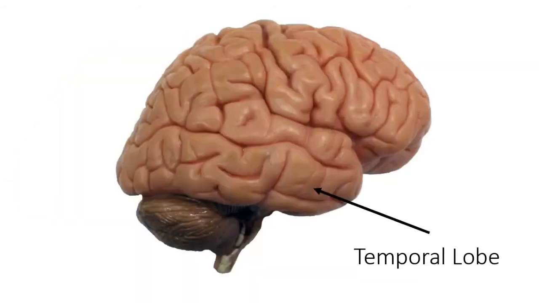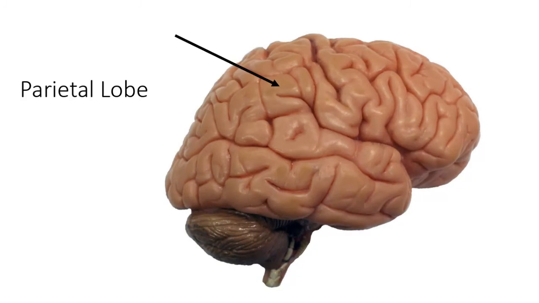Then you got the temporal lobe. Hearing and smell is the temporal lobe. Then superior and posterior parietal lobe.